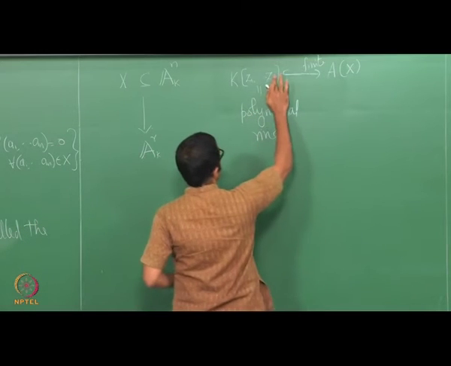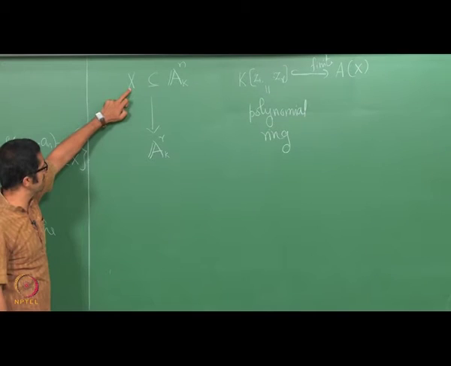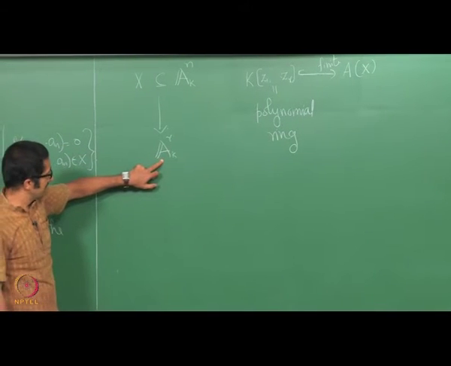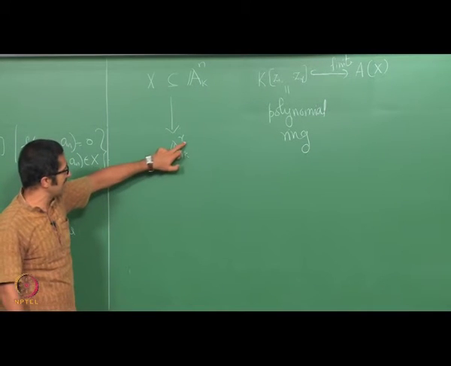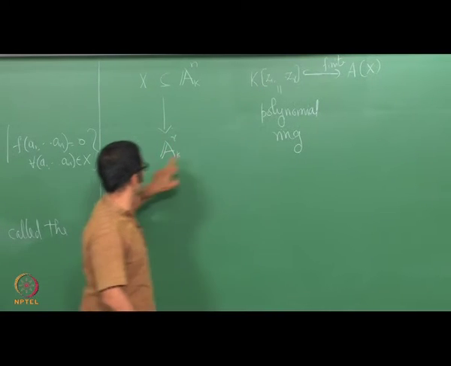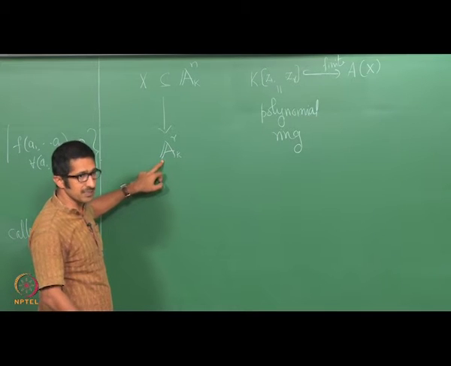So, if I have a map from X to A^r_K, then correspondingly I have, so this will be the coordinate ring of this, because you have only the 0 polynomial.